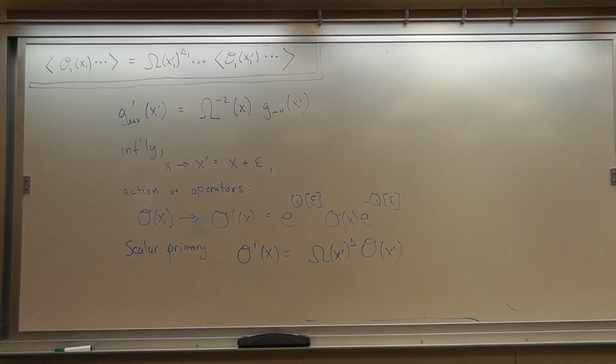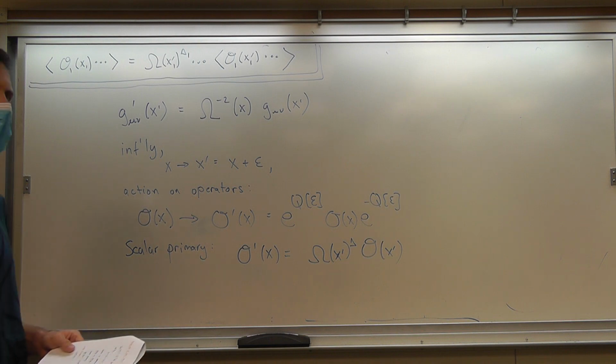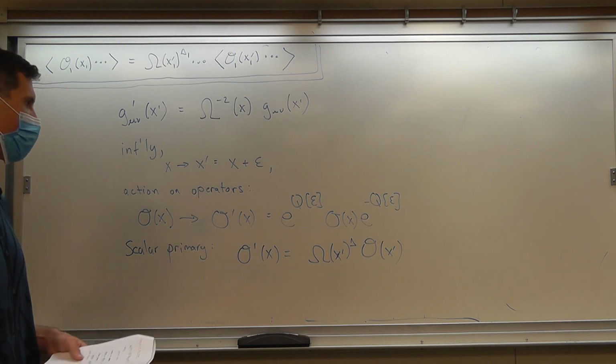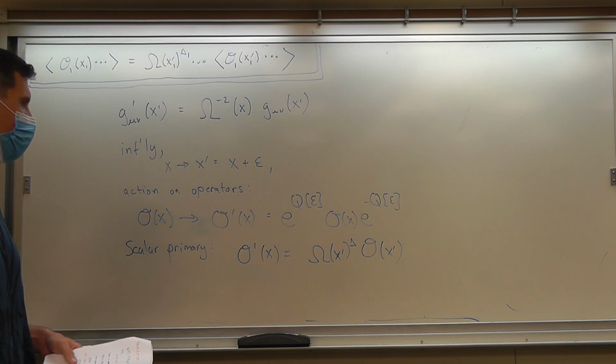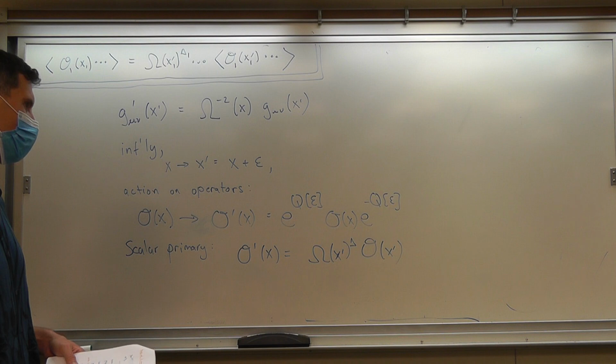Why is there no i in the x prime? Are those q's anti-commuting or something? Or does it have to do with the fact that we're Euclidean? I don't know. Why should there be an i?